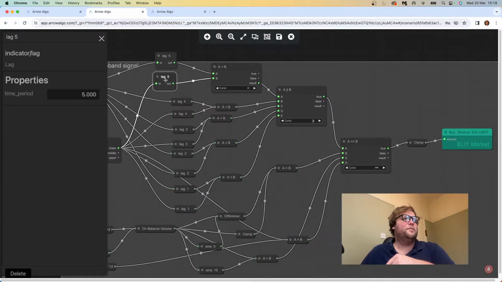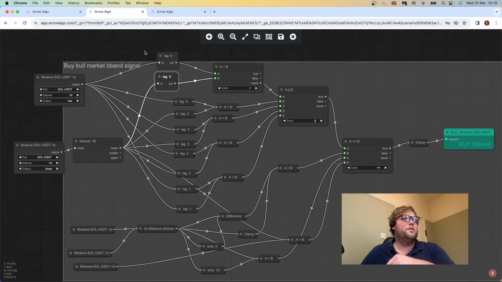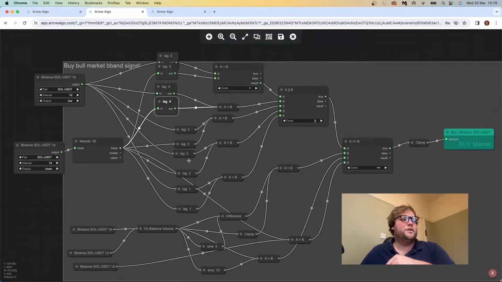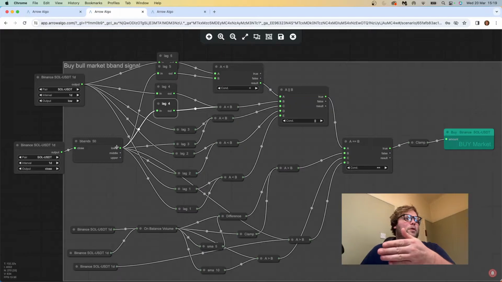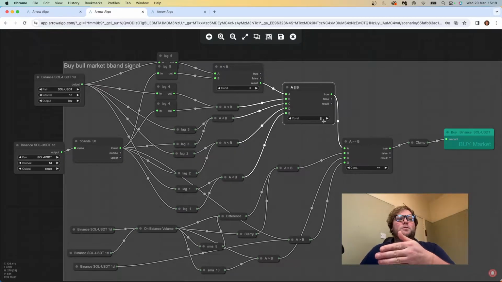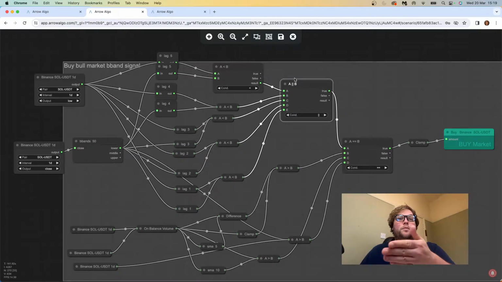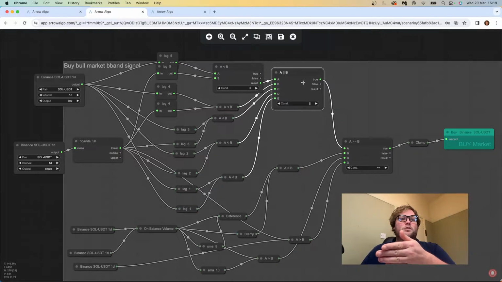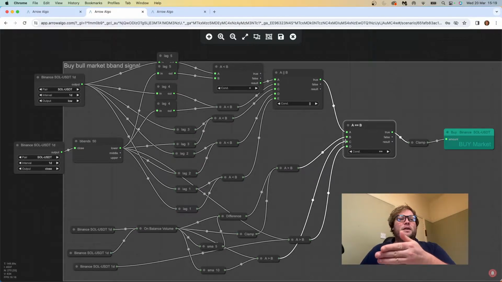Now lag 5 means that we're looking at the time period 5 days ago. Lag 4 means 4 days ago. 3 is 3 days ago. So what this is essentially asking is, has the low price of Solana dipped below the lower Bollinger Band at any point over the last 5 days? And they're all feeding into this OR block. So if the price has dipped below the lower Bollinger Band at any point over the last 5 days, then we're going to trigger this, and that's going to be our first buy condition.